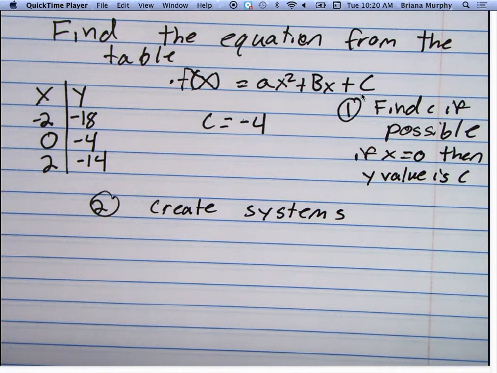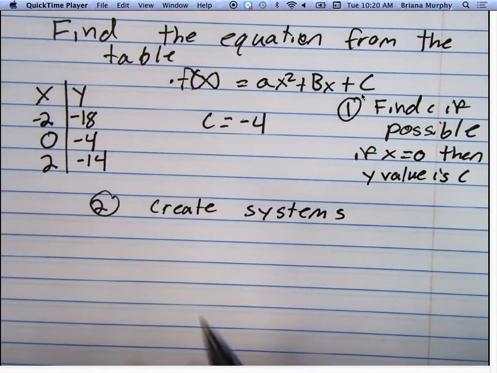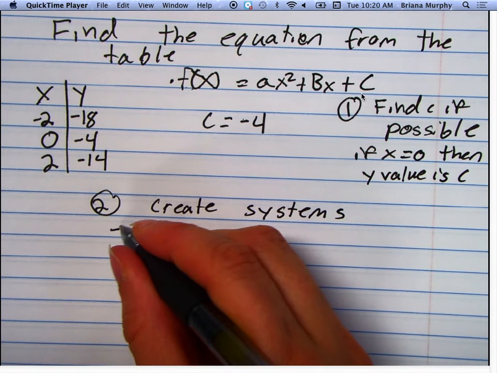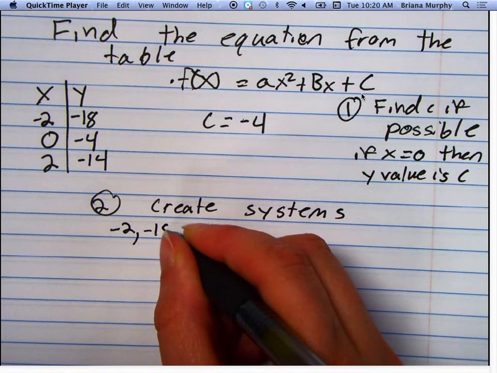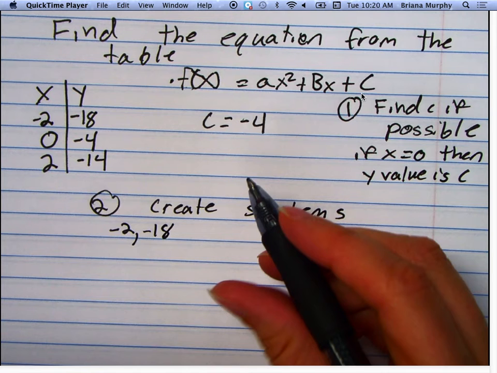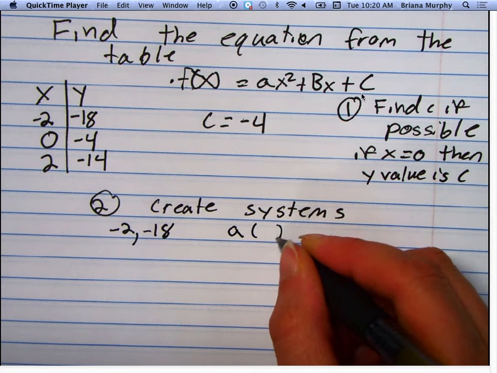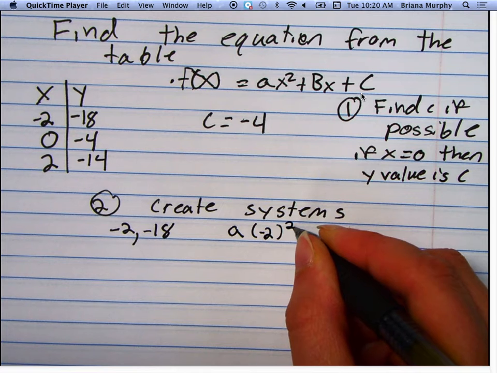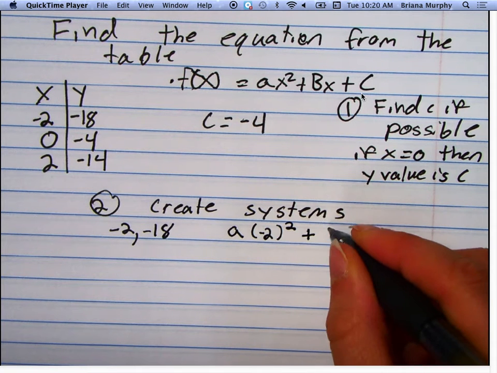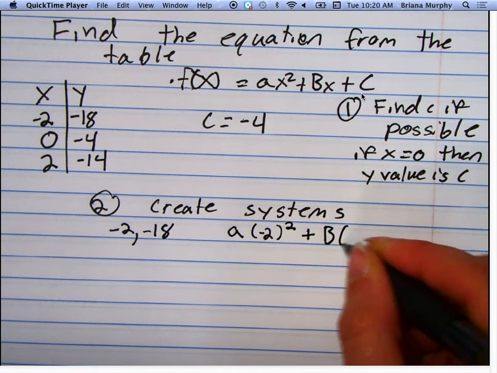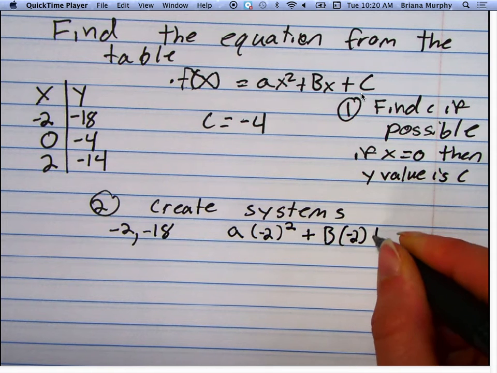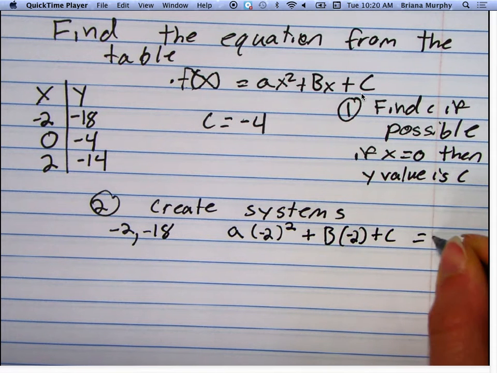Let's plug in my first x and y into an equation, -2 and -18. So I'm going to get a times -2 squared plus b times -2 plus c equals -18.